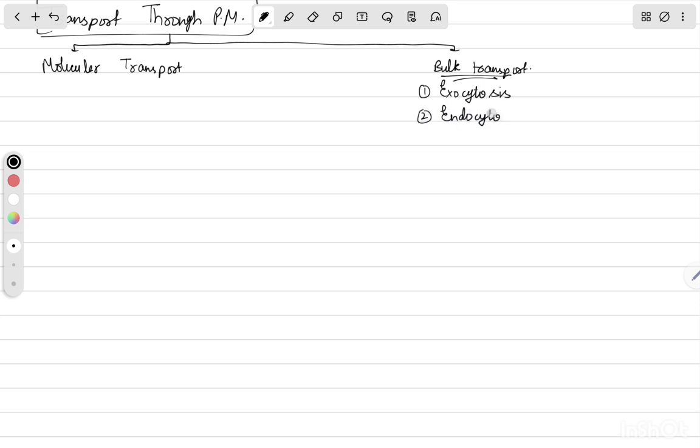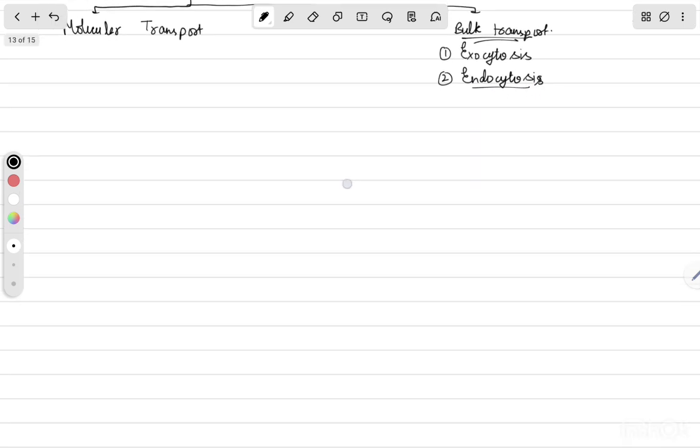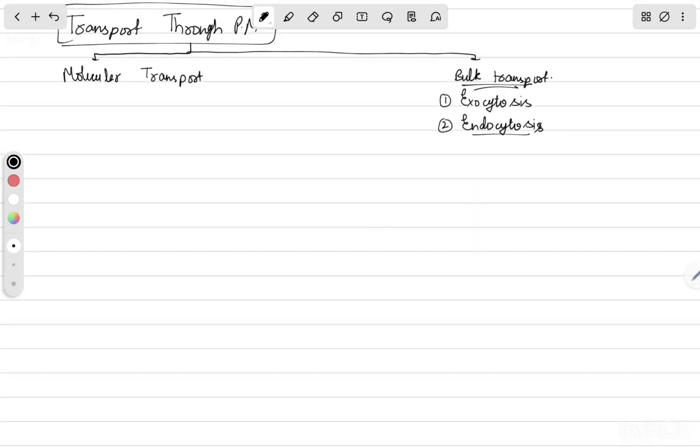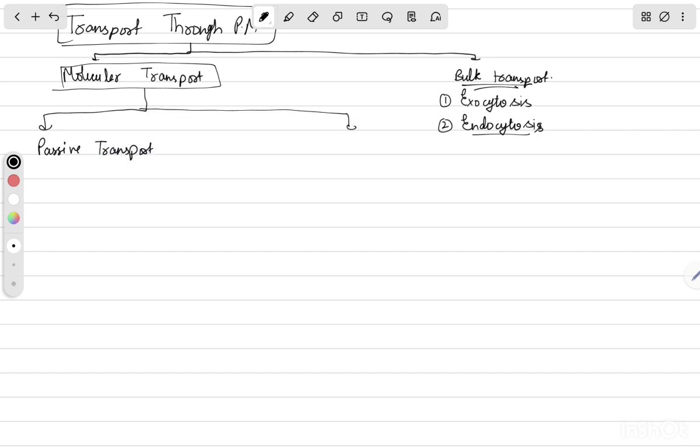We'll discuss bulk transport later on. First, we'll be discussing molecular transport. In molecular transport, we have two categories. One is passive transport of molecules across plasma membrane, and the other is active transport of molecules, right?